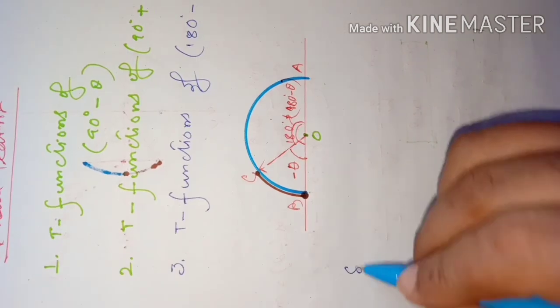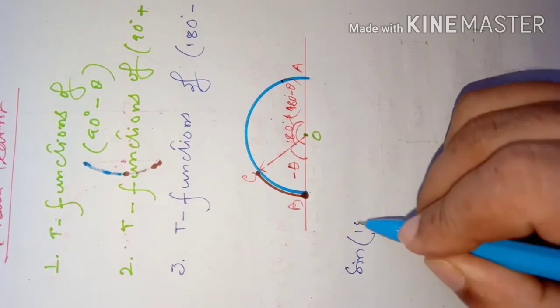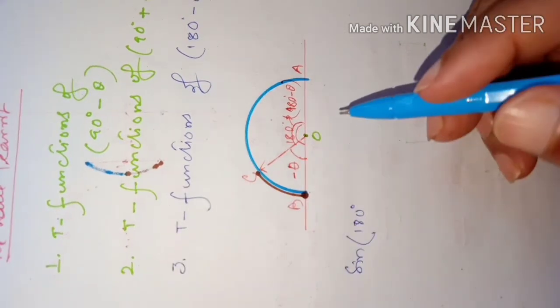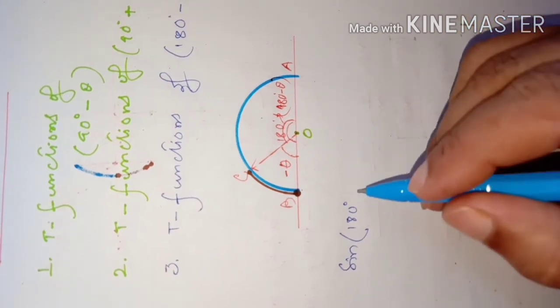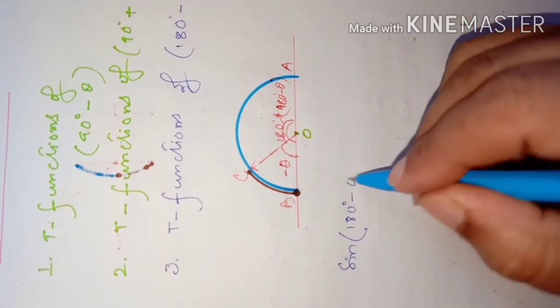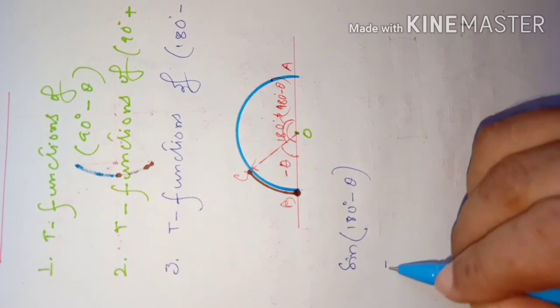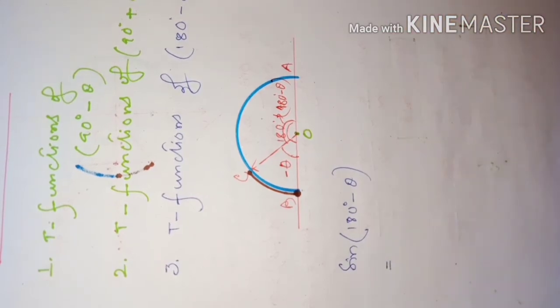See, dear students, suppose you are going to write sine of... geometry is not required. If you want to use geometry, that is also okay, but it can be done mathematically this way. For 180 minus theta, first express it in terms of 90.